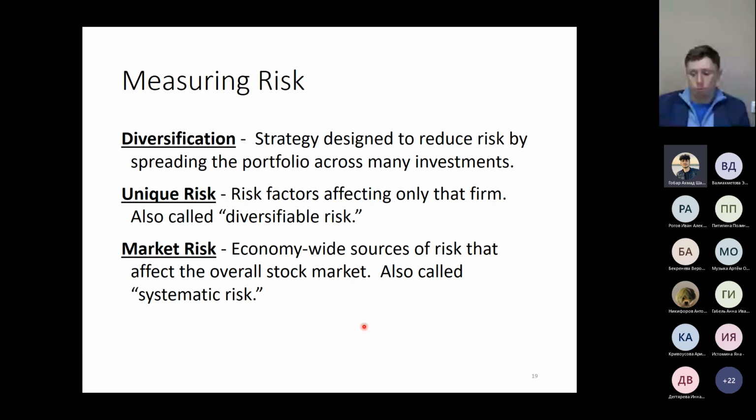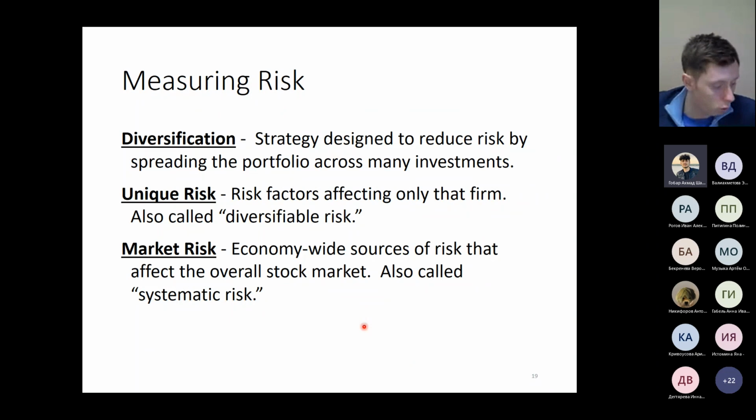Then we think how to reduce the risk, how to reduce the volatility, what we can do in order to make safer returns, to be more certain that we receive what we expect. The simple and effective tool here is diversification.